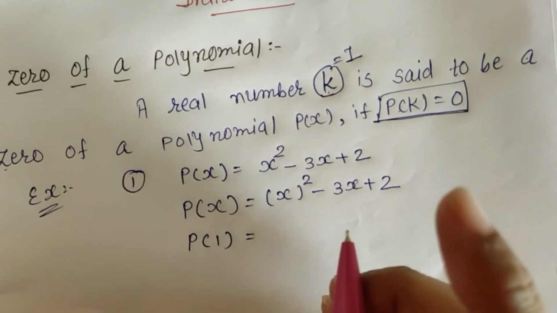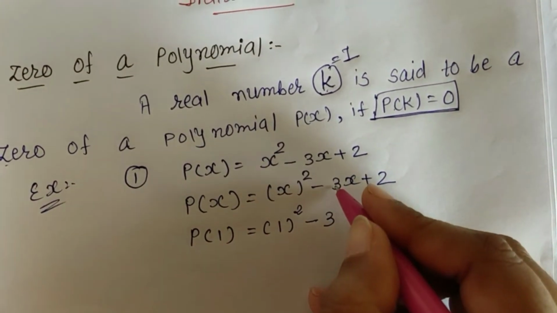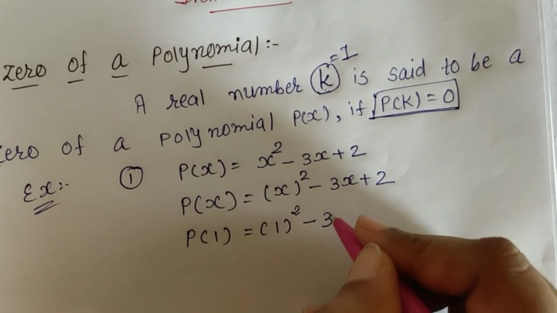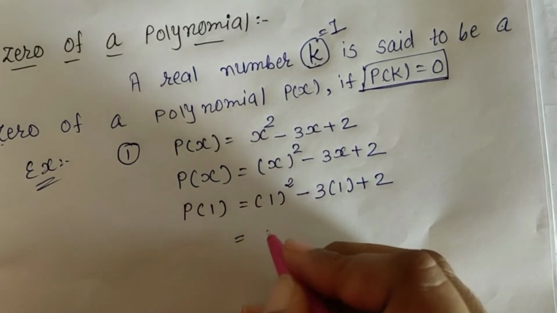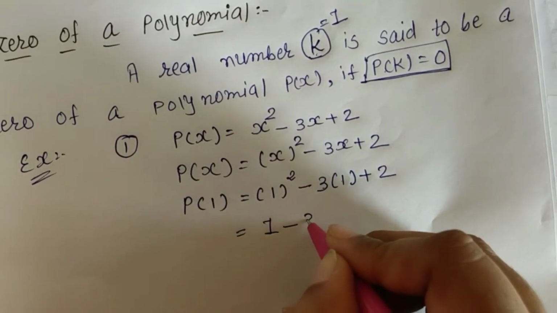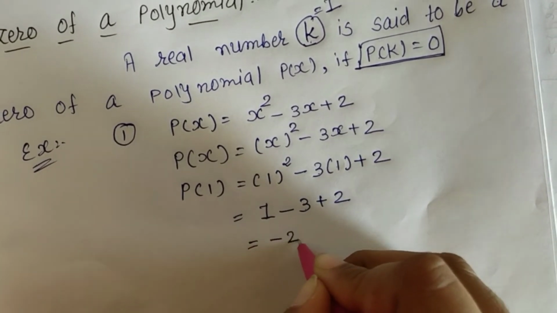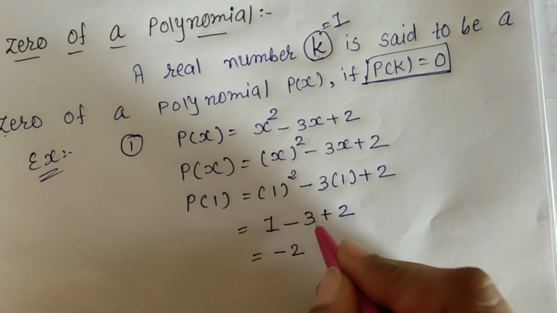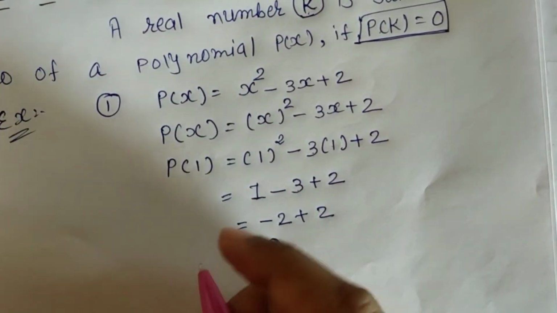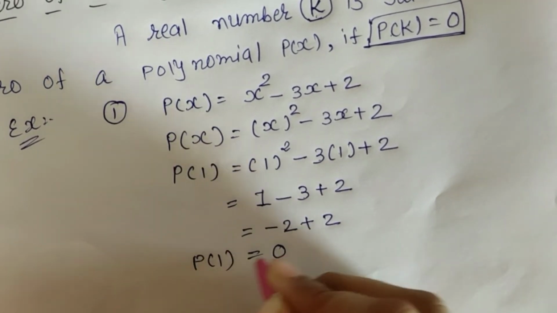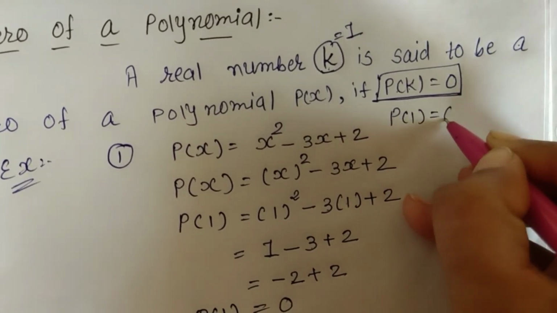We only have to put 1 instead of x. 1 square minus 3, which is the coefficient, so we keep it as it is, times 1, plus 2. 1 square is 1, minus 3 ones are 3, plus 2. 1 minus 3 is minus 2, because 1 is the smaller number and 3 is the bigger number, plus 2. Minus 2 plus 2, the answer is 0. So here p of 1 is equal to 0. Here instead of k we took 1, so p of 1 is equal to 0, that is proved.